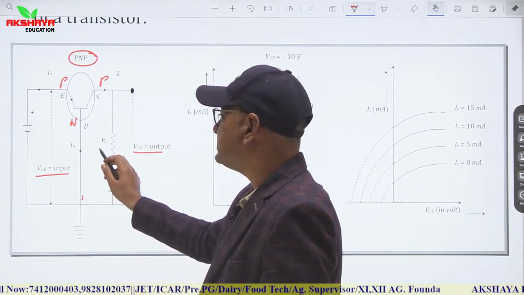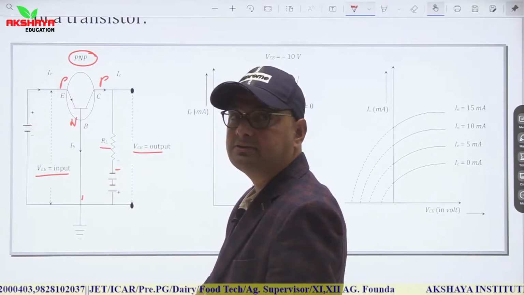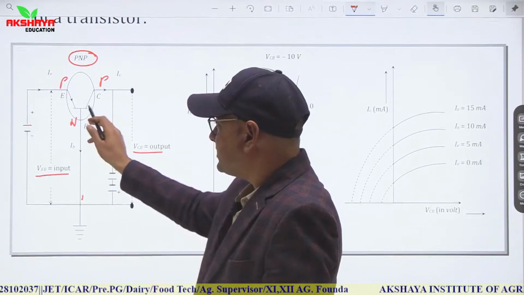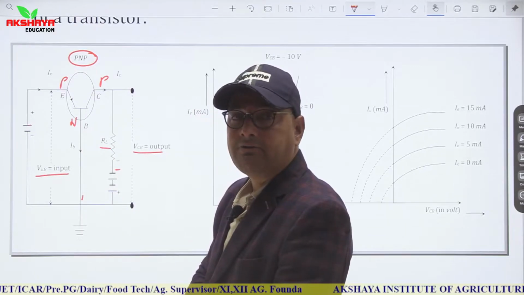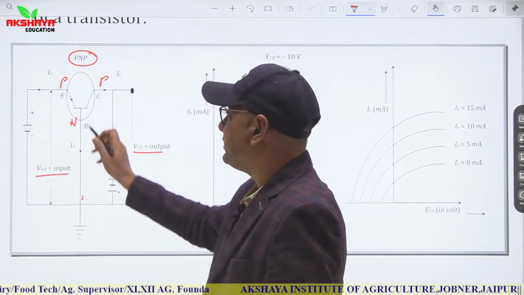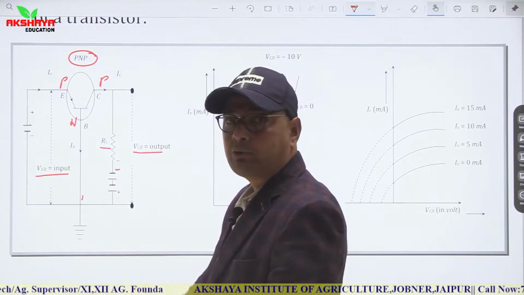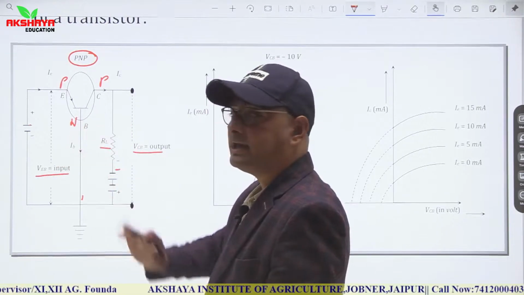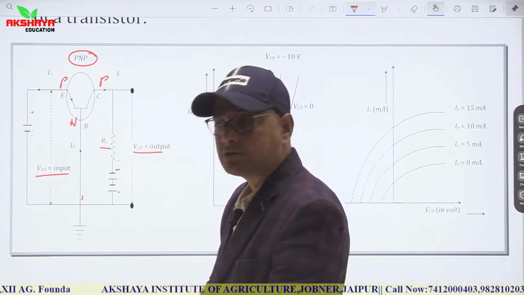So here load resistance is connected as RL. This base section, whatever portion of a transistor we keep common, is simply grounded. So this is the circuit diagram of a transistor in common base configuration.